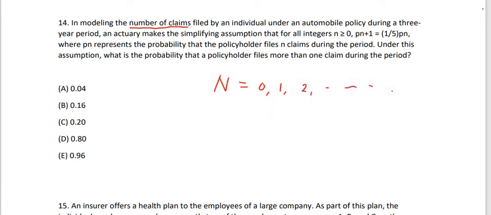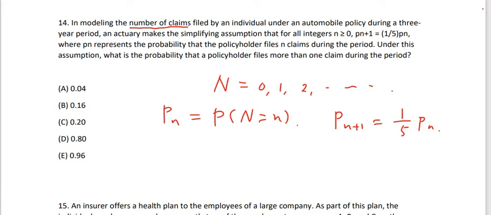So this is the probability for having n. Let's say the probability Pn is the probability that N equals n. So we have the relationship P(n+1) equals 1/5 Pn.